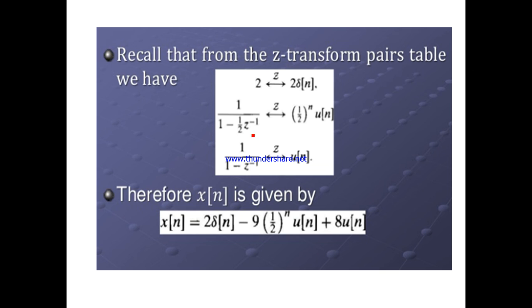For 1 divided by 1 minus z power minus 1, its inverse z transform will be u of n. So these are the standard z transforms available in a z transform pair table. Therefore the sequence is given by x of n equal to 2 into delta of n minus 9 into 1 by 2 the whole power n into u of n plus 8 into u of n.